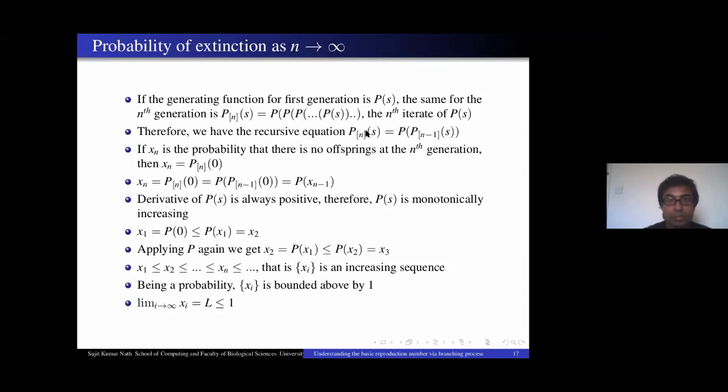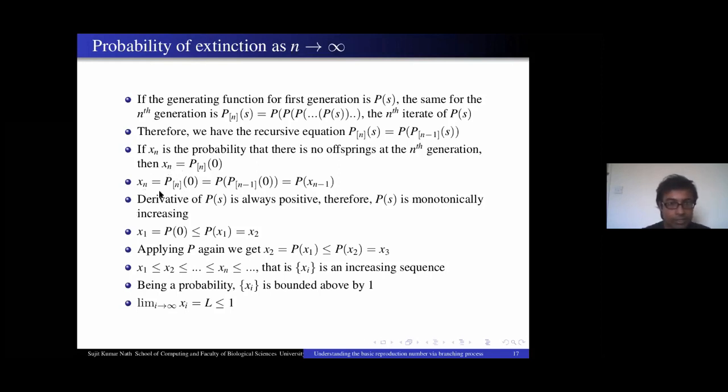So p0 is the constant term in that polynomial, which is the probability of going extinct. If I evaluate this polynomial at s equal to 0, it gives me the constant term, and hence the probability of getting 0 offspring at the nth generation.